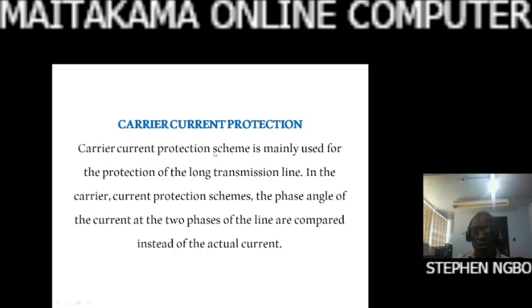Carrier current protection scheme is mainly used for the protection of long transmission lines. In the carrier current protection schemes, the phase angle of the current at the two ends of the line are compared instead of the actual current. That's the meaning.